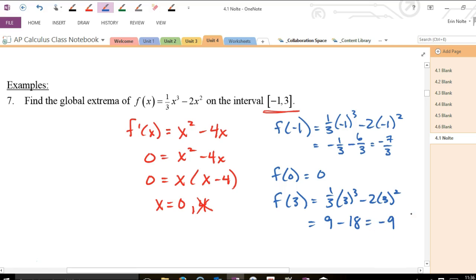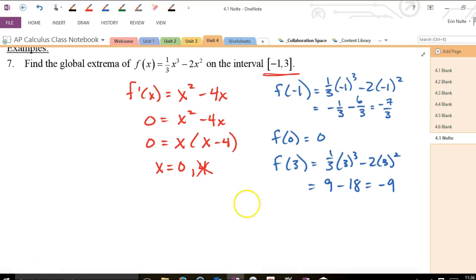Okay, so now all I have to do is say which one is the max and which one is the min. Which y value is my max? 0. So I have a max of f.